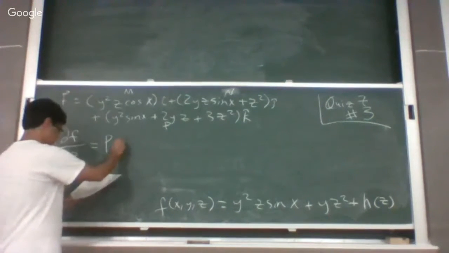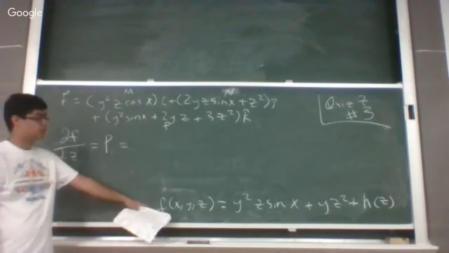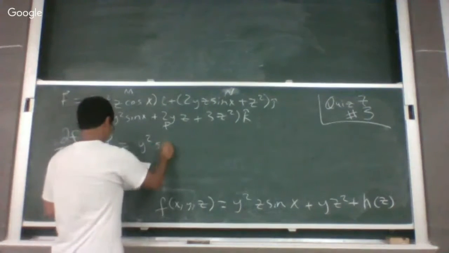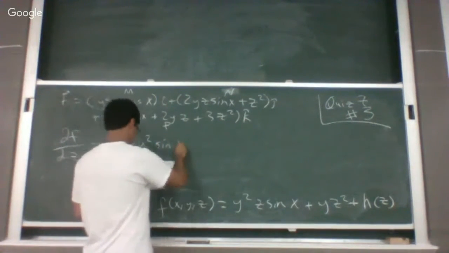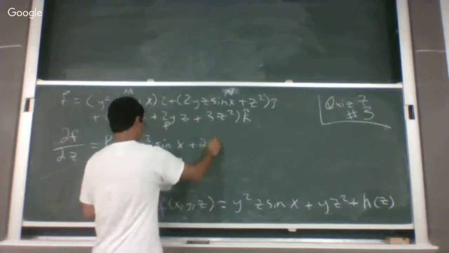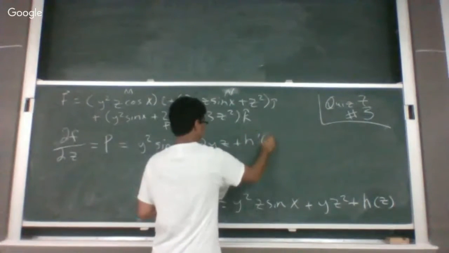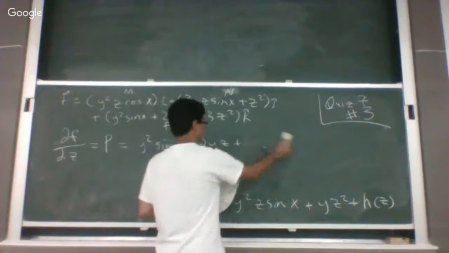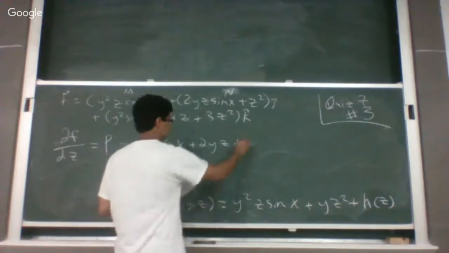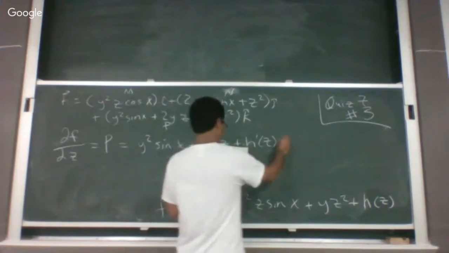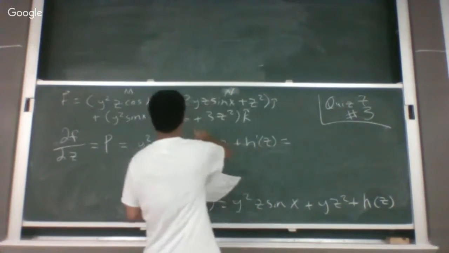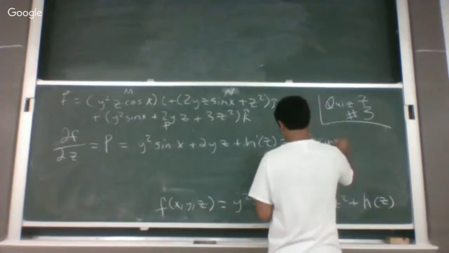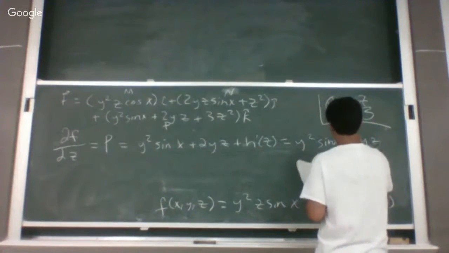P. So we take the derivative of f with respect to z, and what do we get? y squared sine of x plus 2yz plus h prime of x, sorry, h prime, equal to p, which is up here, y squared sine of x plus 2yz plus 3z squared.